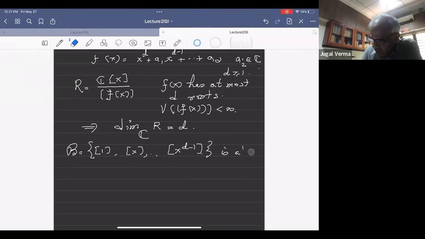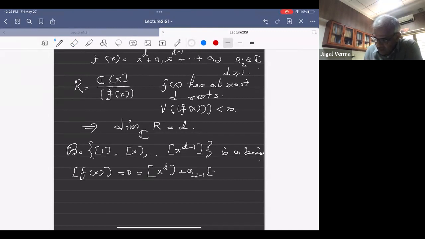Now the residue class of f(x) is 0, but that is equal to the residue class of x^d plus a1 times the residue class of x^(d-1) plus ... plus ad times the residue class of 1.